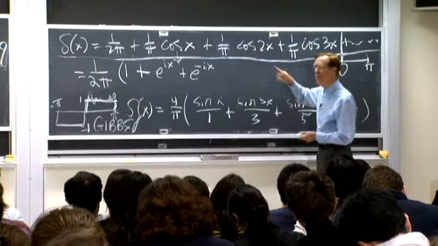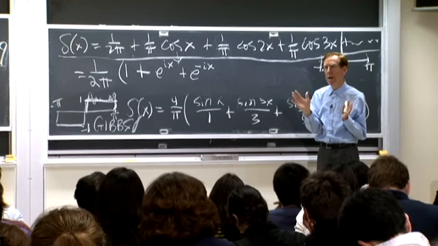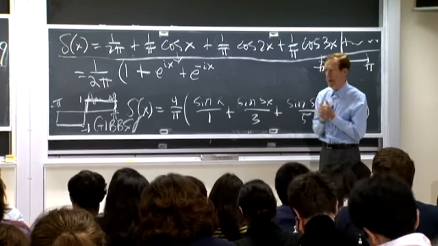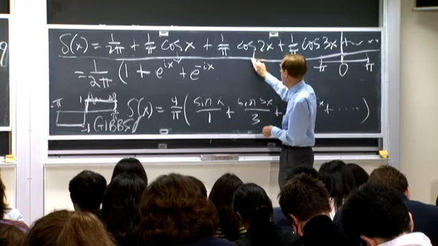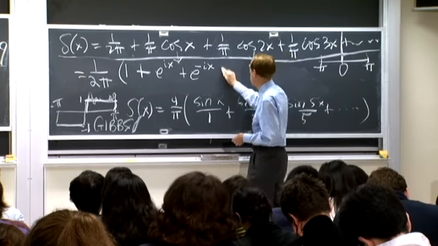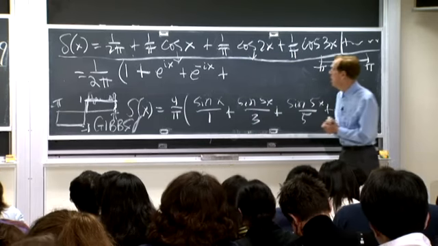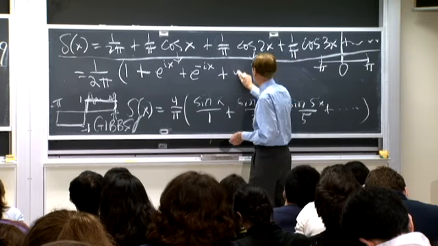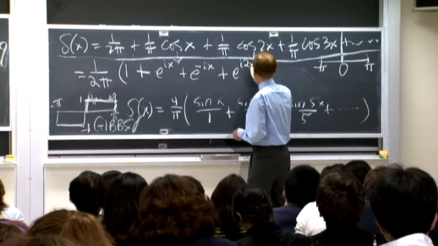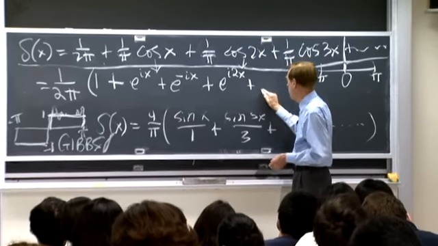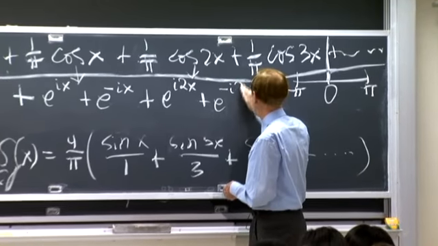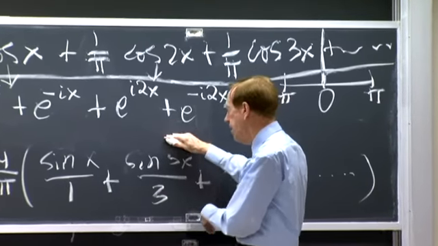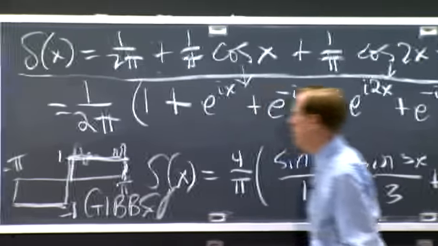What's cosine of 2x if I want to write it in terms of complex exponentials? So this guy now, I'm ready for him, is e to the i 2x and e to the minus i 2x, divided by 2, and there's my 2.